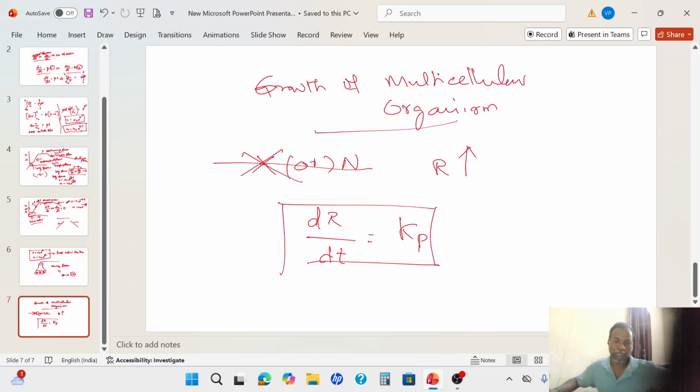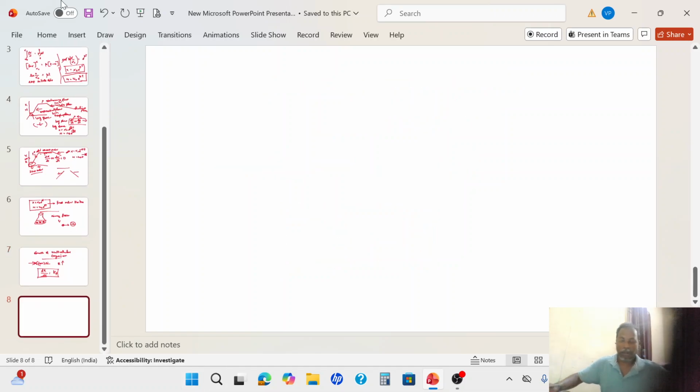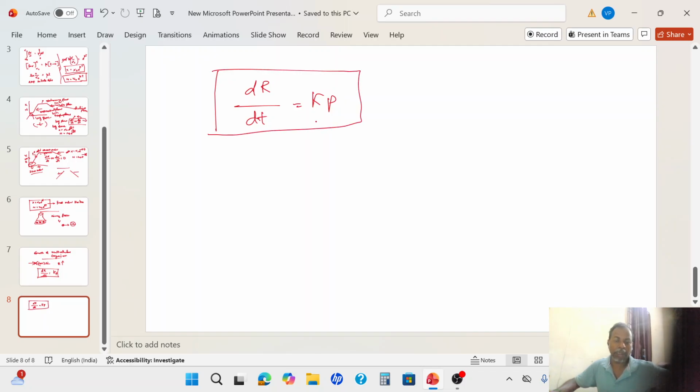When you integrate this, you'll get a model for filamentous organisms. Let us see that. So the model is dr by dt is equal to kp, where r is the radius of the filamentous organism in the form of a pellet, and this r changes with respect to time, and kp is a constant.